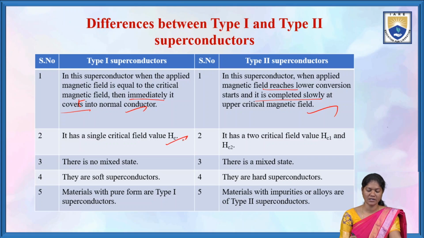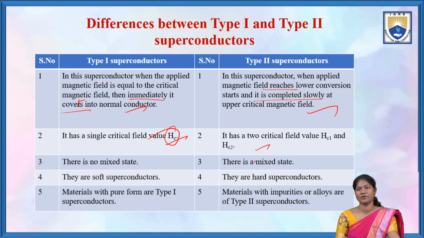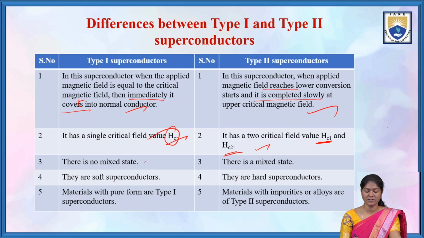In type 1, it has a single critical magnetic field, which is Hc. In type 2, we have two critical magnetic field values, that is Hc1 and Hc2. In type 1, there is no mixed state.